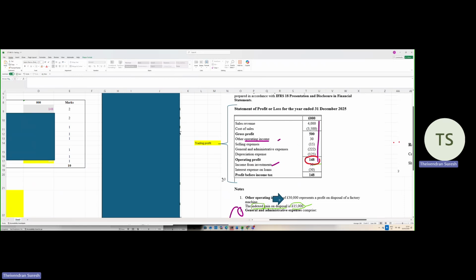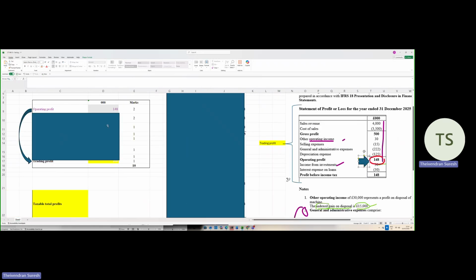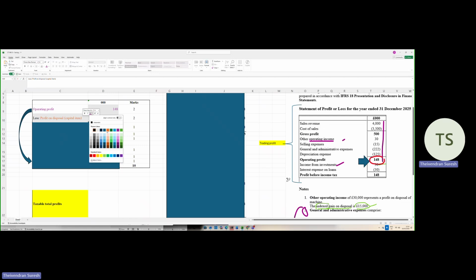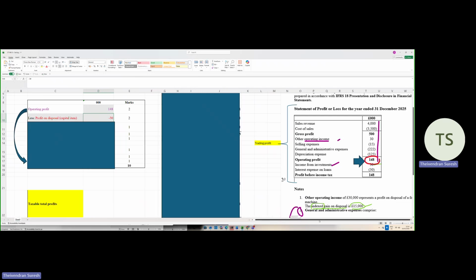Now we are saying it can't be there, so we need to reverse it. If it was added before, we need to remove it. So that's the first adjustment we did. Disposal of profit is a capital item. It is not part of the main business activity, so we need to remove that 30. That is done.